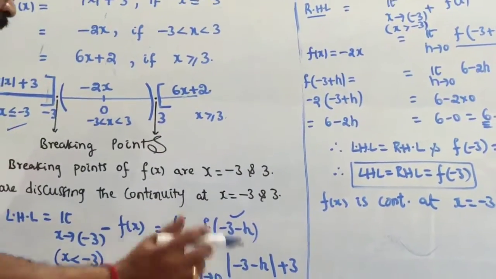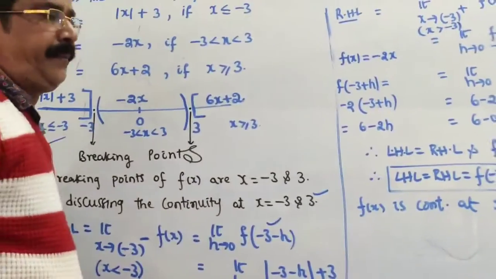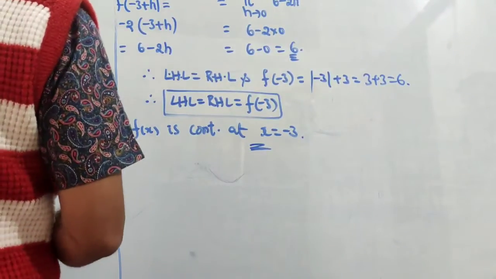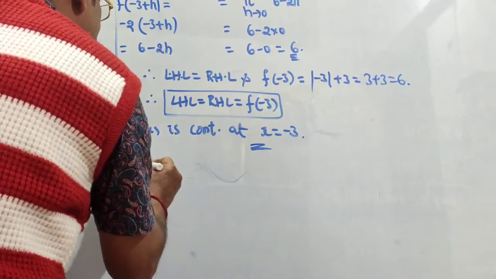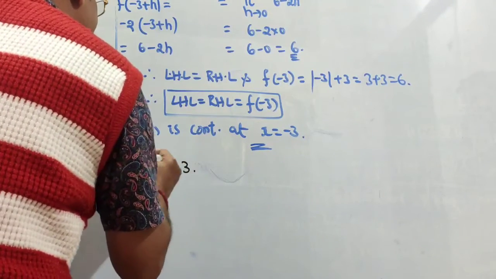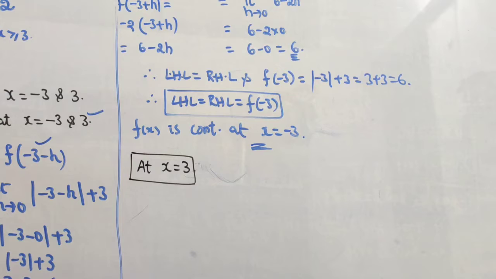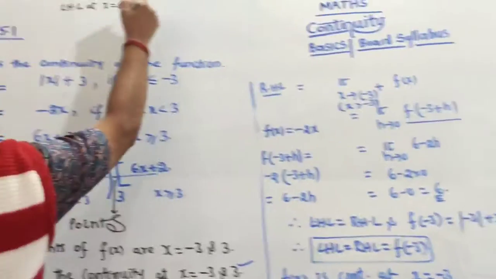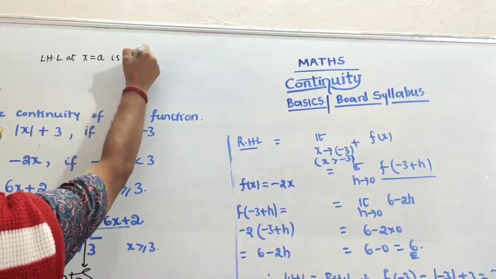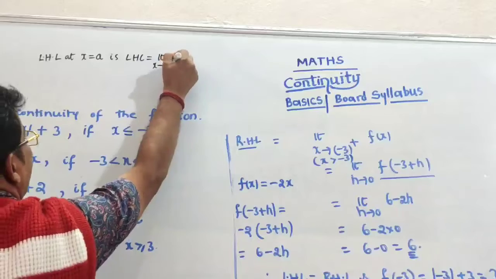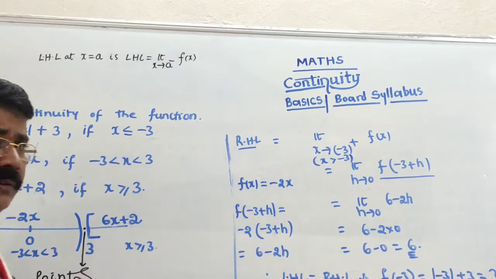Okay, next we have to discuss at x equal to 3. Once again, the left hand limit at x equal to any point a is limit x tends to a minus f of x.